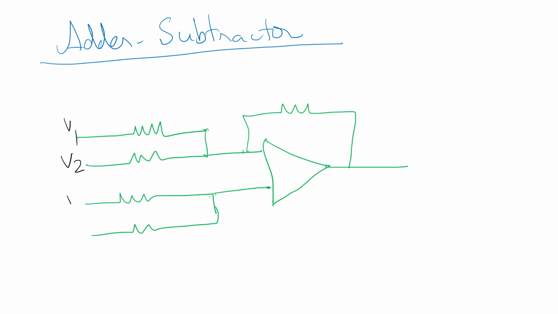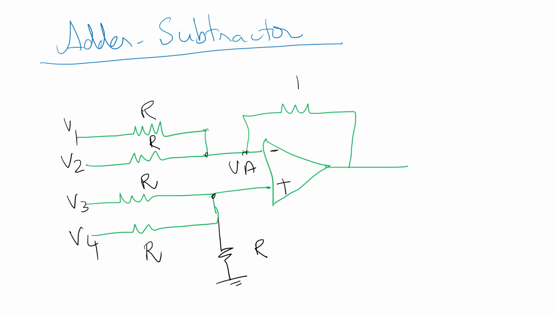V1, V2, V3, V4 are the input voltages fed to the adder subtractor circuit. Assuming all the values of resistors are equal, they are fed to the inverting and non-inverting terminal of the op amp in this manner and are held at potentials VA and VB. RF is equal to R.